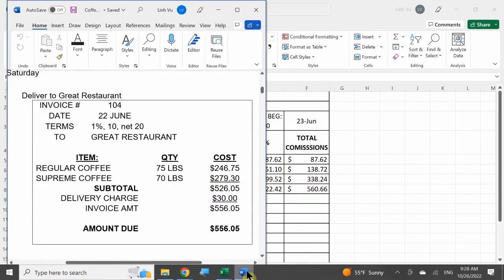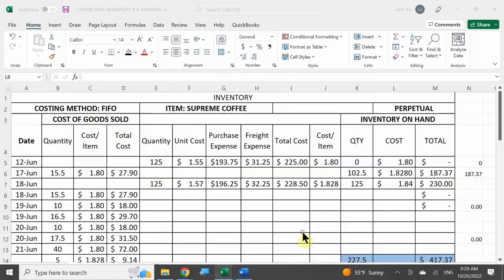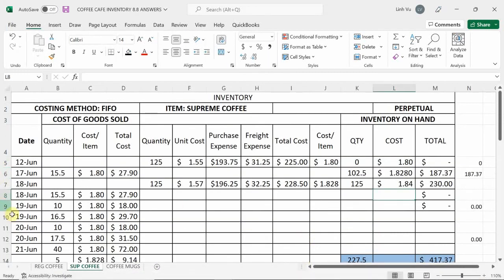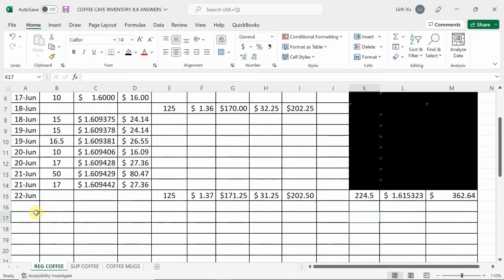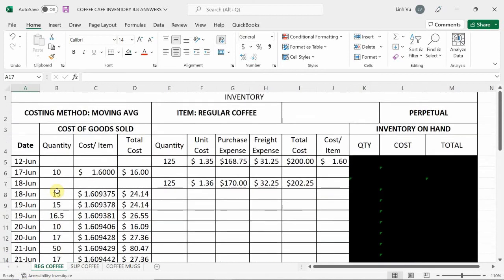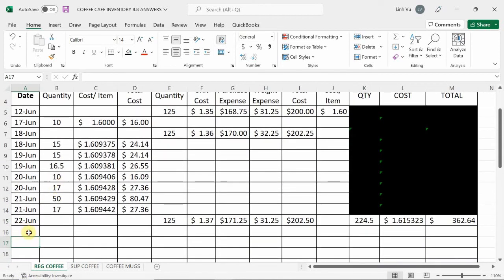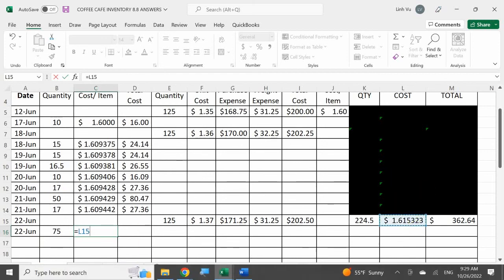Now, do we go to our cost of goods sold? Yes, ma'am. So here we are, inventory worksheet. We sold how many pounds of regular coffee? 75. At what cost per item? 1.615323. Good.